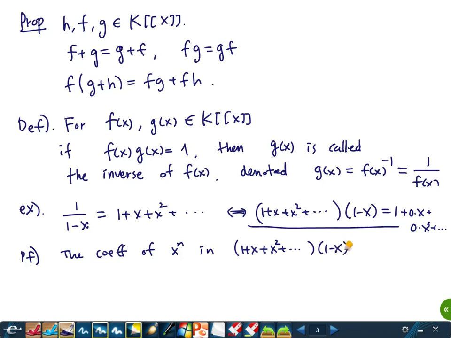What I mean by this is the following. Because this is a formal power series, if you multiply them, we should get a formal power series. So suppose we expand this as a formal power series like this. The coefficient of x to the n in this formal power series means just a_n. So what is a_n? You can compute a_n. How?